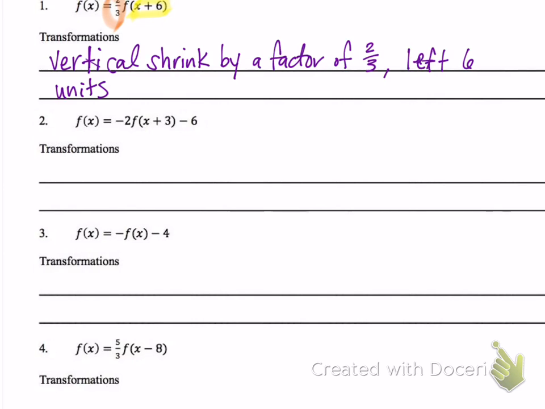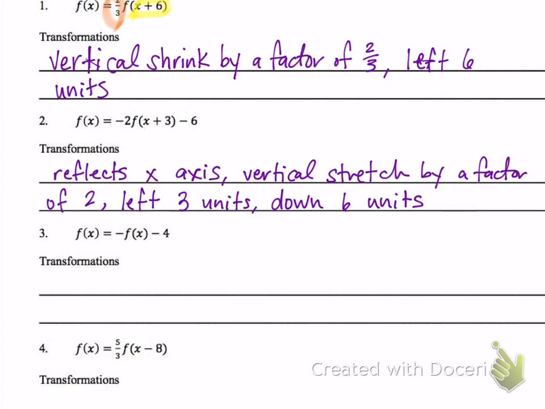All right, so for number 2, I've got almost every single transformation you could imagine. So the first thing is that negative sign. The negative sign tells me that it reflects the x-axis. Then I look at the number 2.